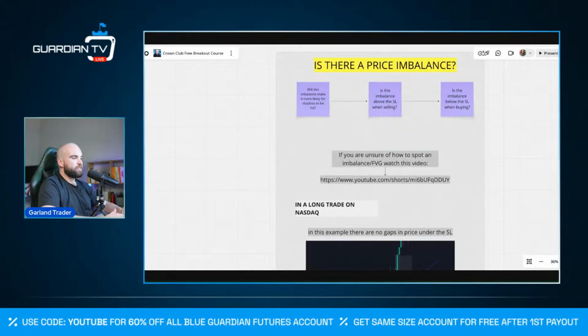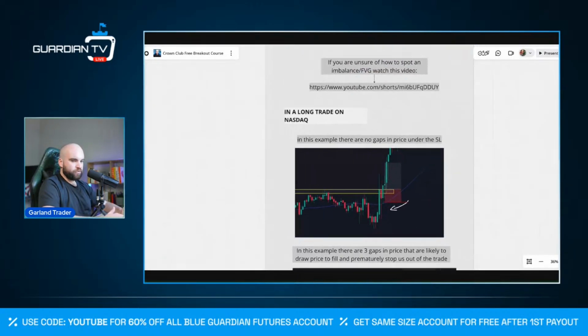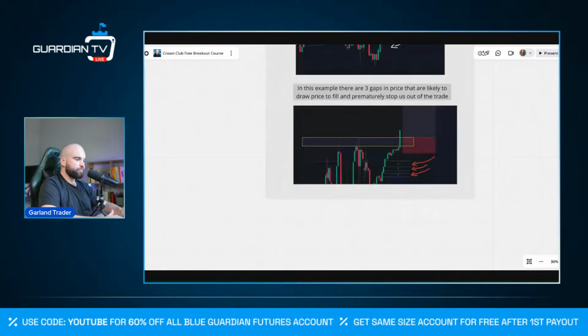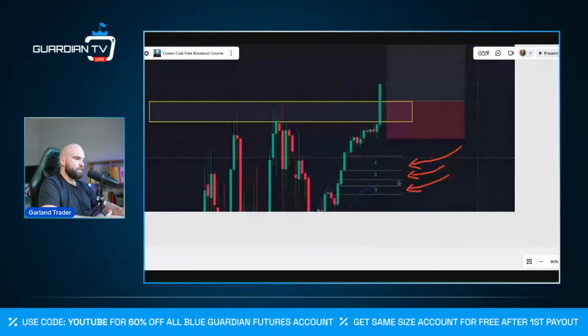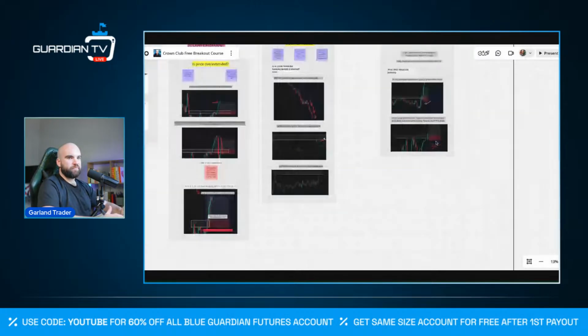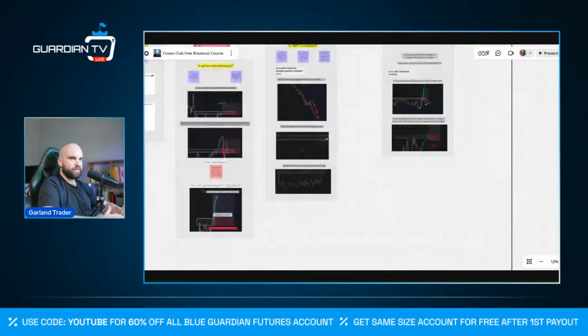Is there an imbalance above your stop loss if you're taking a sell trade? Okay, so in this example, you can see here, there are 1, 2, 3 right below here. So when price comes to retest, it is potentially going to come lower and fill these gaps before continuing. Okay, so that's very important to understand, ladies and gentlemen.